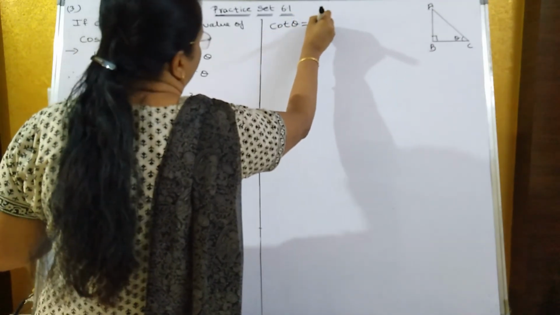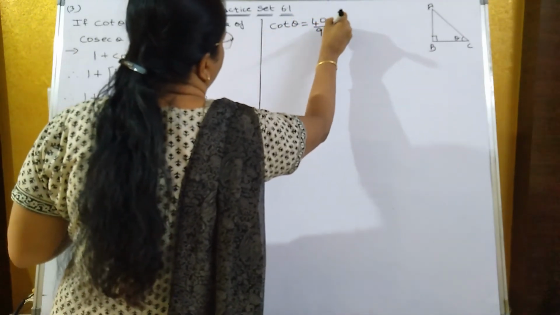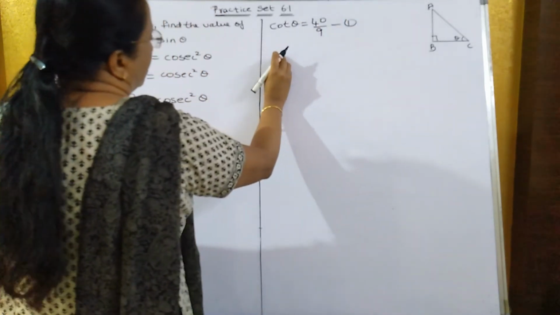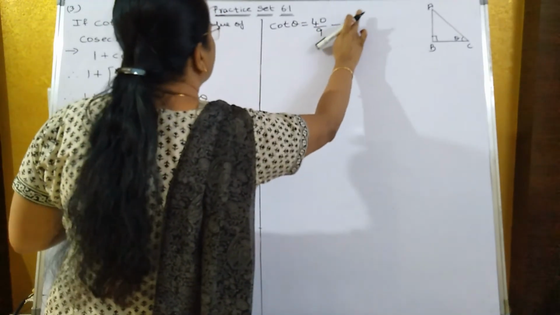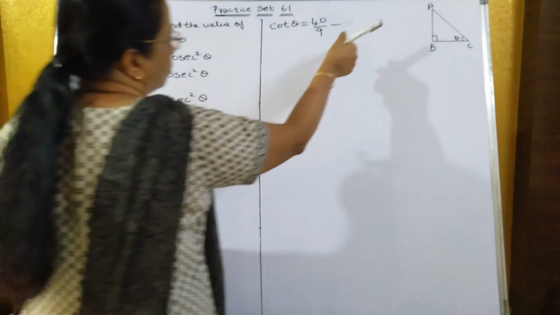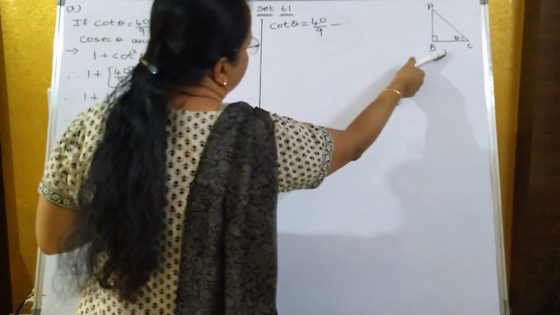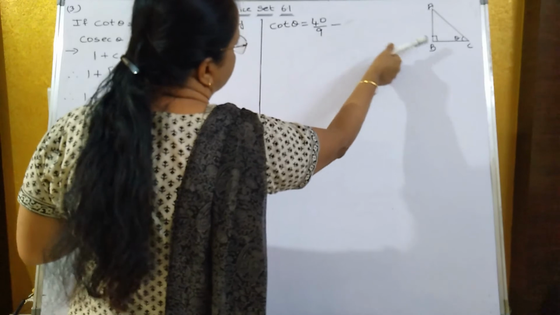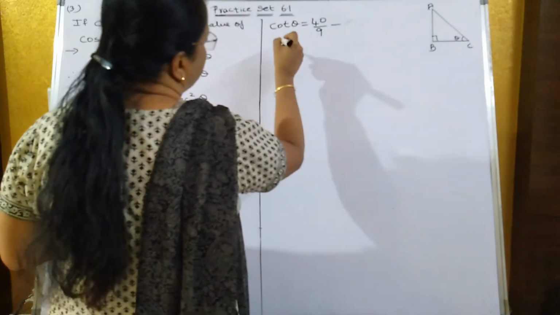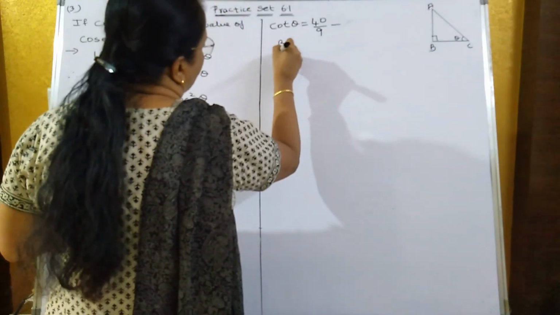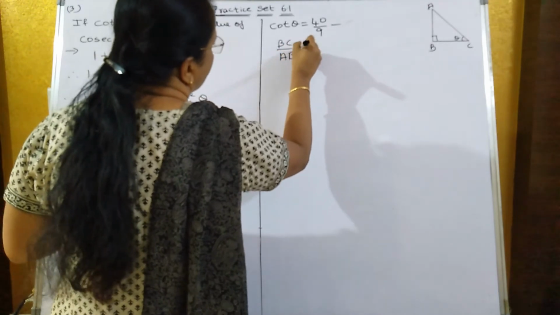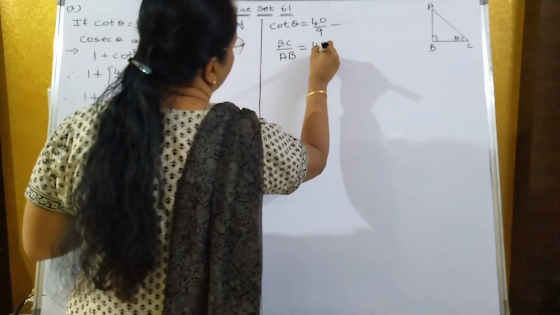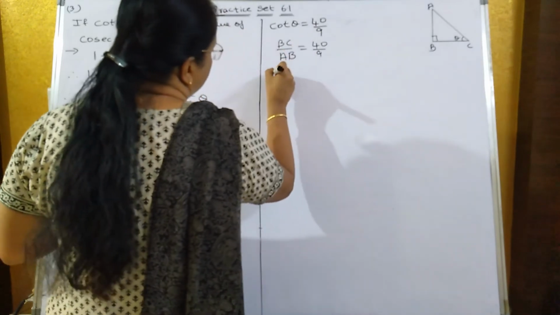Now by the second method, that is by Pythagoras theorem, now cot theta is equal to how much? 40 upon 9. Let this be 1. Now what is cot theta? According to the diagram, cot theta is adjacent side upon opposite side, that is BC upon AB. So BC upon AB is equal to 40 upon 9. So what's the value of BC, since it is in ratio?